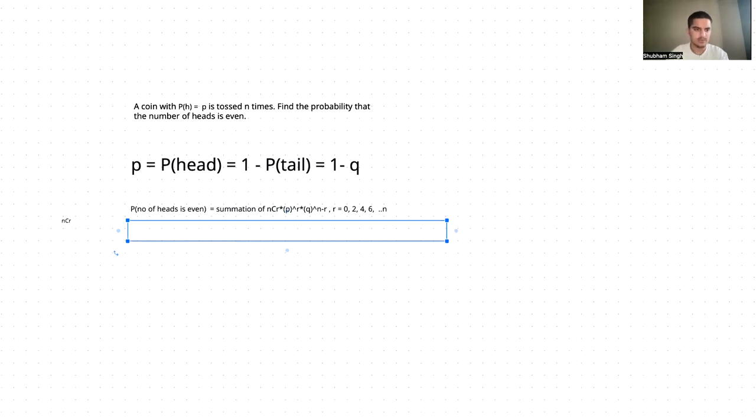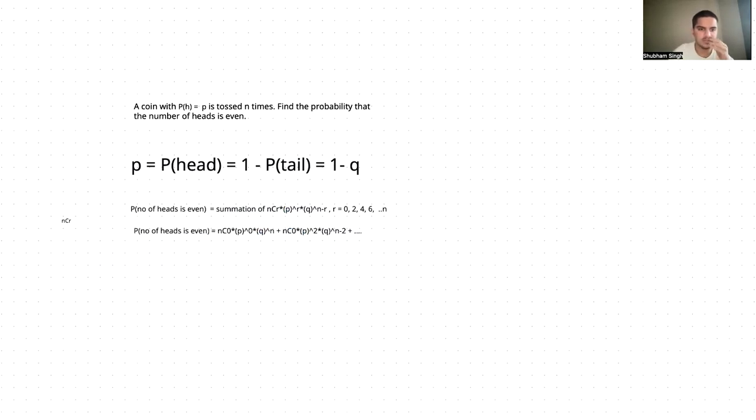Now we also know that the probability of heads plus the probability of tails is p plus q, which is equal to 1, right? And what is the probability of heads and tails in the distribution?